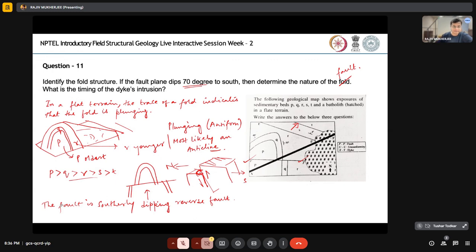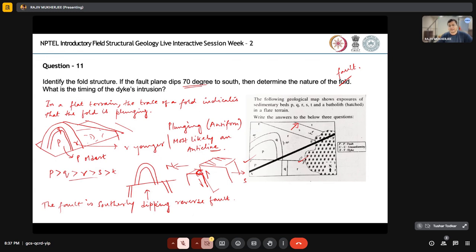Okay. And obviously we can say that the sequence of events took place like this: first was the deposition of P, then Q, and then R, then folding of PQR in the form of a plunging antiform, right?